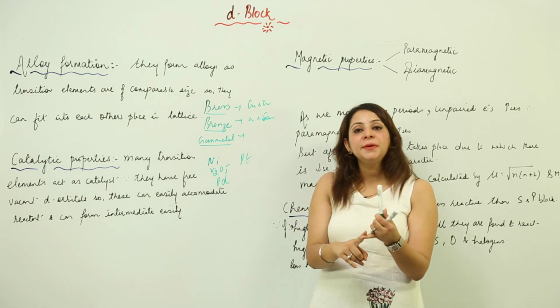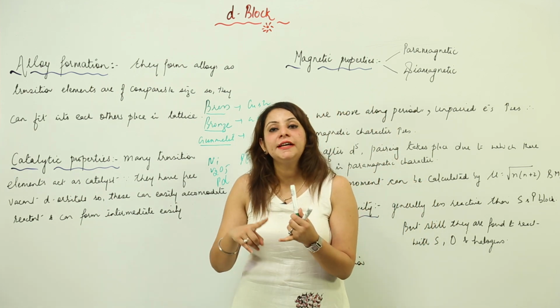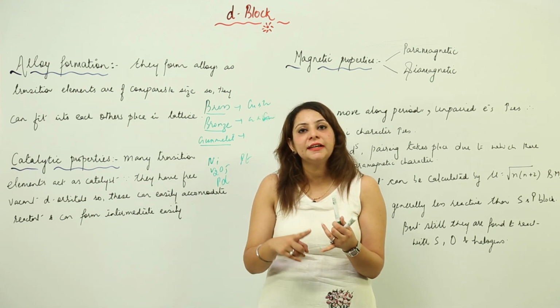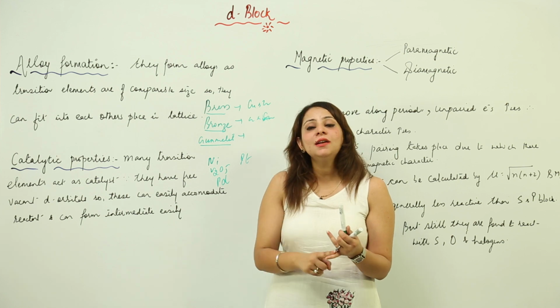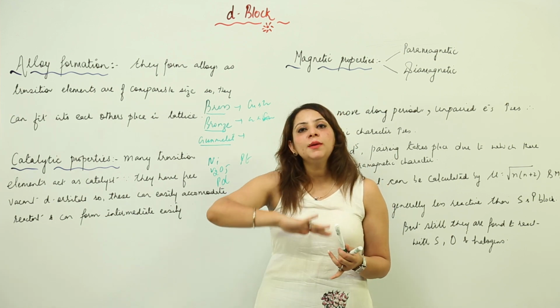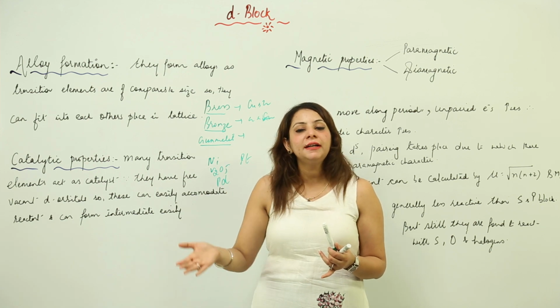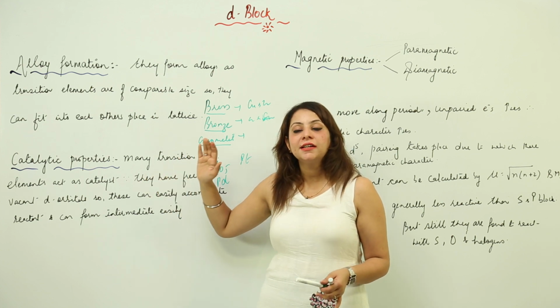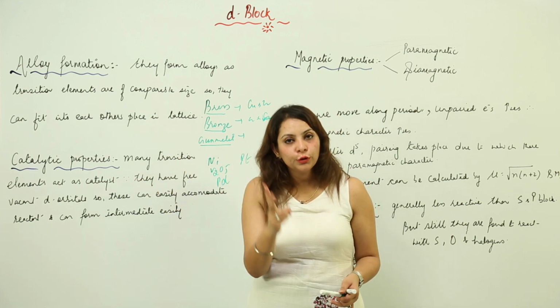Either it will help in the adsorption process, that means in the intermediate complex formation that we have already discussed when we were discussing catalysis. And second, it can lower the energy barrier so that more and more reactant can cross that energy barrier and cause effective collisions. The transition element can fulfill both of these functions.